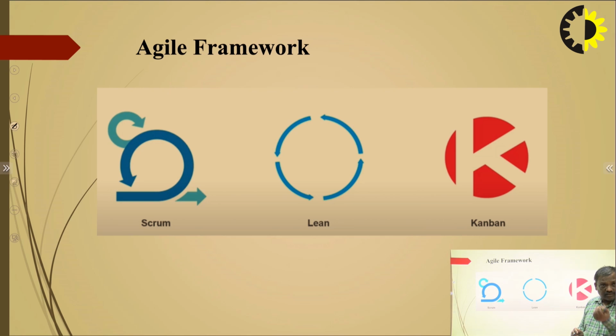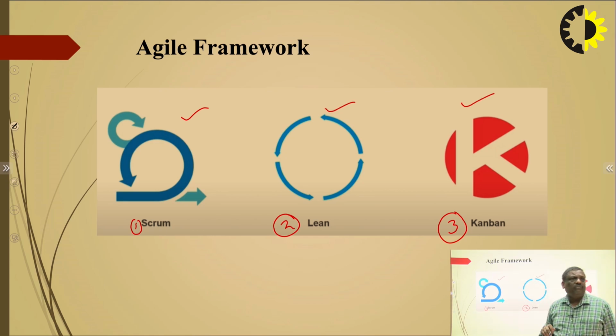So we can say that within the Agile framework, the first one is Scrum, which we discussed briefly. The second one is Lean, and the third one is Kanban. So these are the three Agile frameworks.